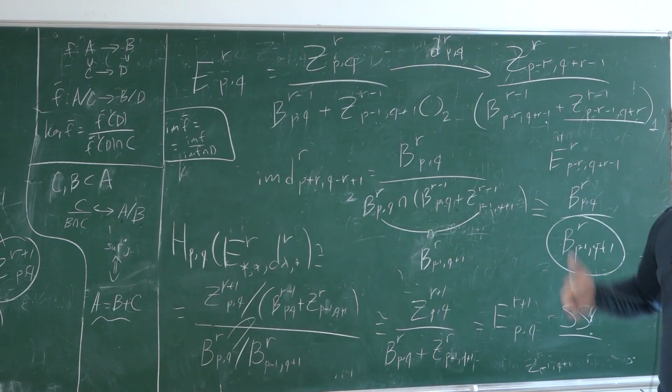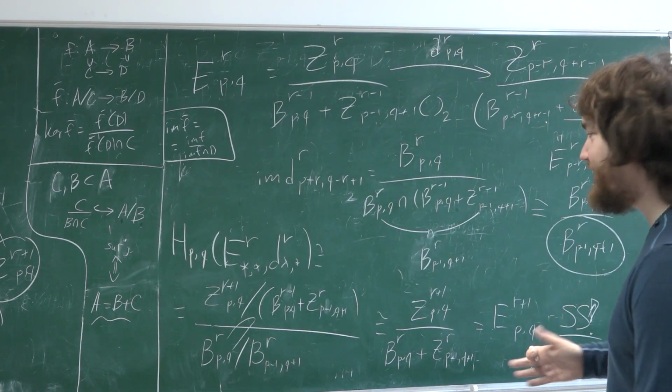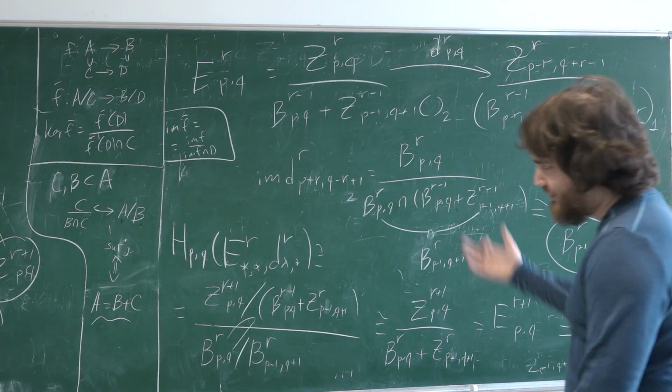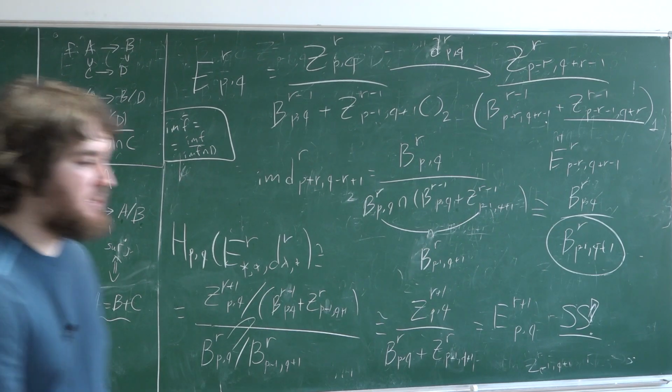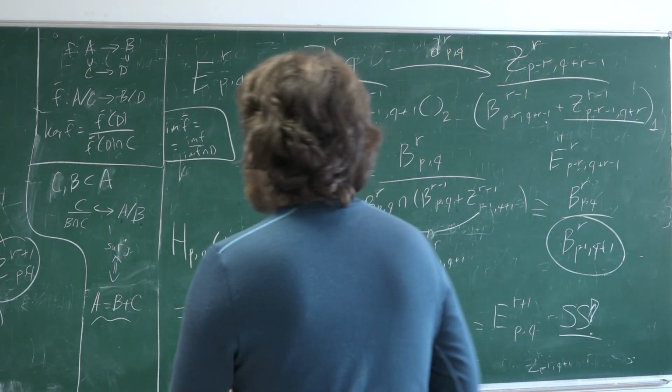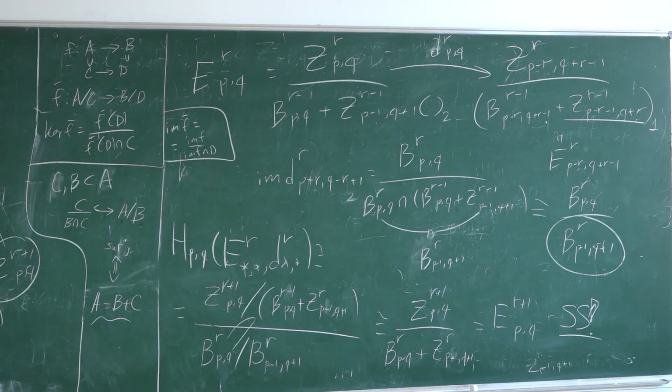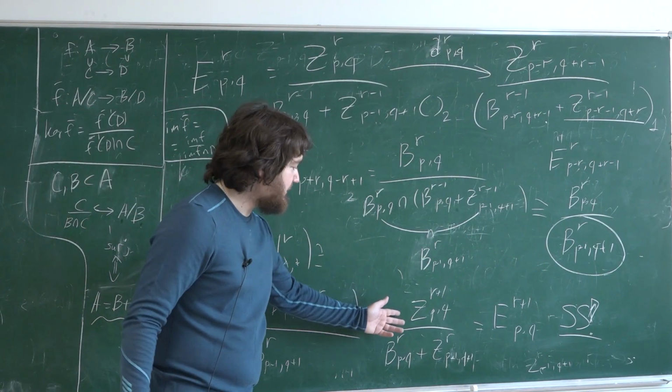We define the big page modules, differentials, and the homology of the differential in the next page. And we already have the next differential and so on. So it's a spectral sequence. It converges to the homology of the original complex with the induced filtration. Now what is the infinity page? Now we have the formula for the R page. What is the infinity page?